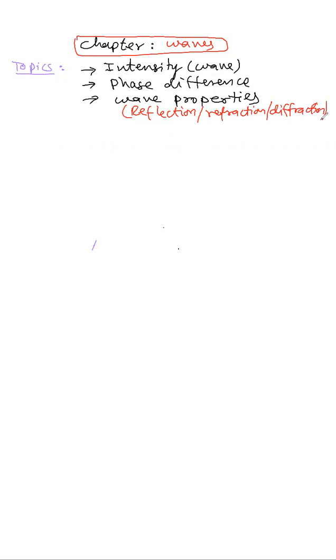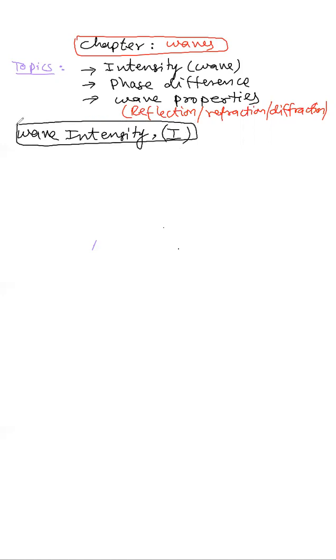Okay, so let's get started with wave intensity, and it is represented by the symbol I. So what is meant by wave intensity? Intensity means actually the strength or the number of waves.